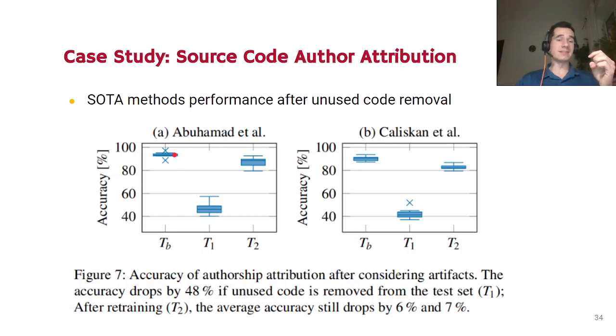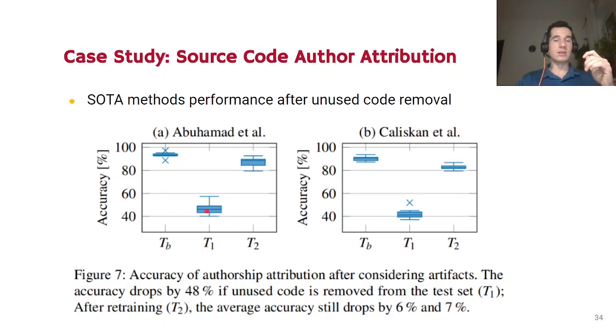And as we can see, the accuracy dropped rapidly to around 40 or 50% in both cases. Then the authors removed the dead code even from the train set, and retrained and re-evaluated.